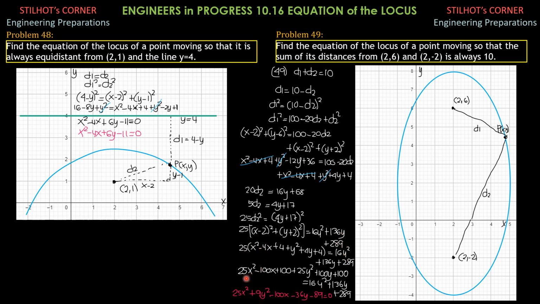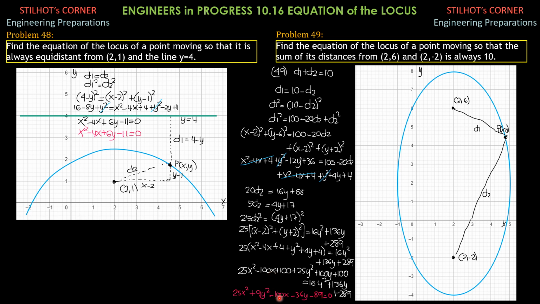Distribute 25. So 25x squared minus 100x plus 100 plus 25y squared plus 100y plus 100 equals, copy, 16y squared plus 136y plus 289. Finally, simplifying, we have 25x squared plus 25y squared minus 16y squared, that's 9y squared.